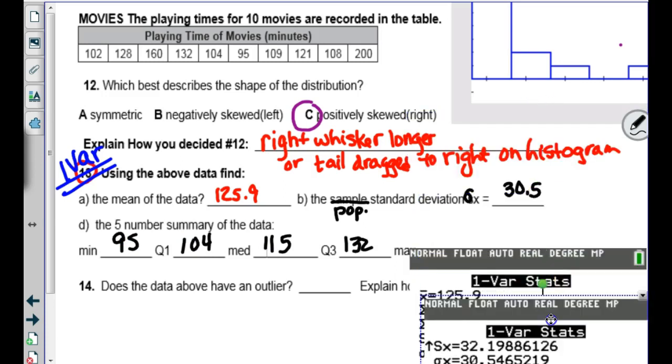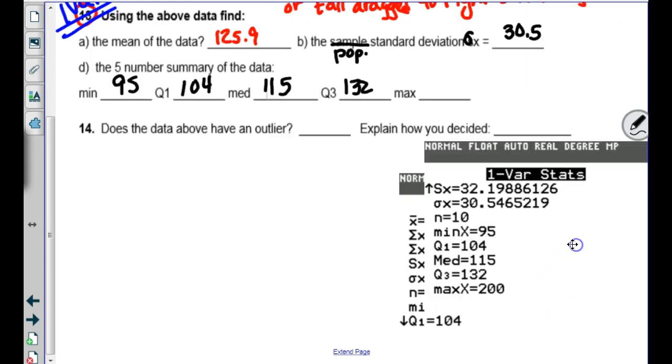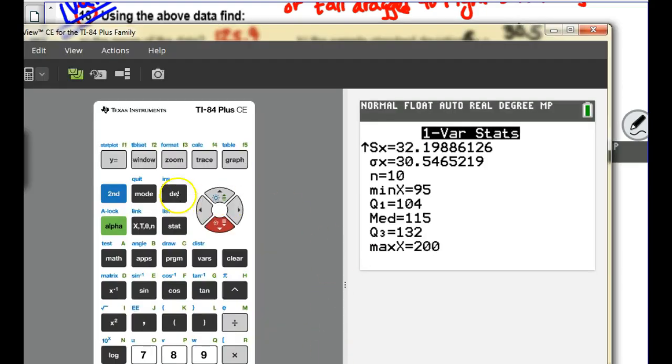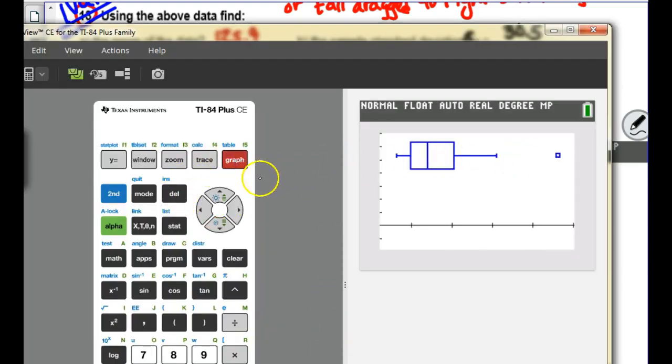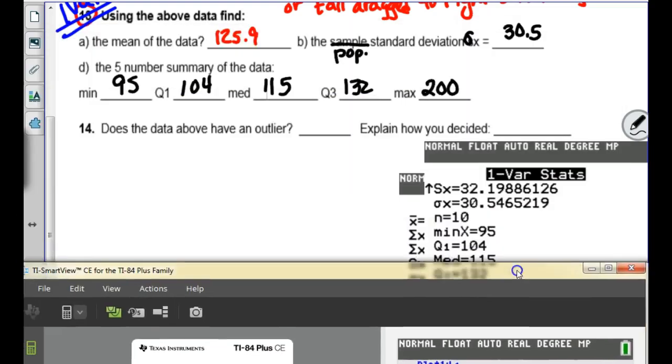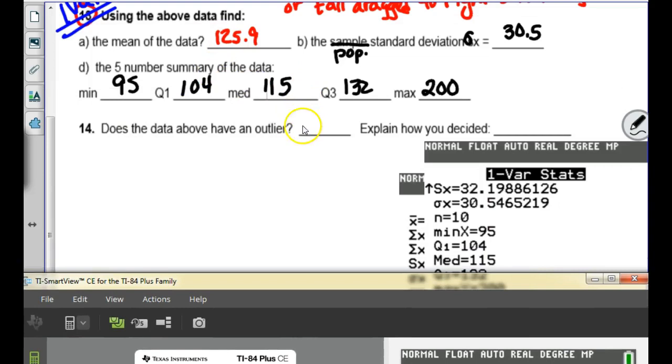Is there an outlier? Yes, when we looked at the graph, there was an outlier, right? If you trace, it actually stopped the whisker at 160 and the outlier here is at 200. So yes, it does.